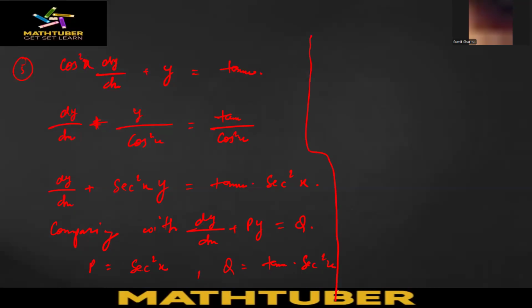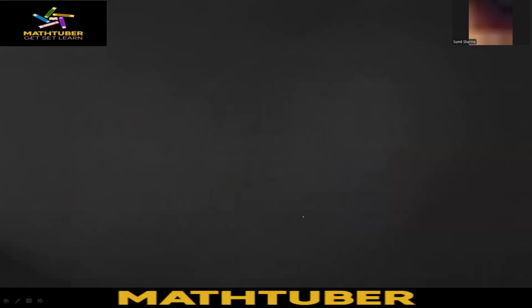Now we will find out the integrating factor here. Integrating factor is given by e raised to power ∫p dx. So integrating factor is e raised to power ∫sec square x dx. And the integration of sec square x is tan x. So e raised to power tan x is the integrating factor here. Now we have to find out the equation here.